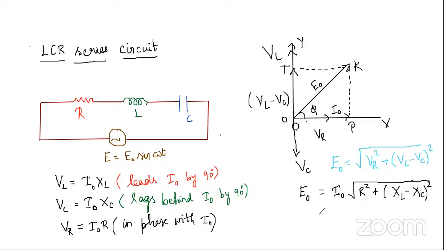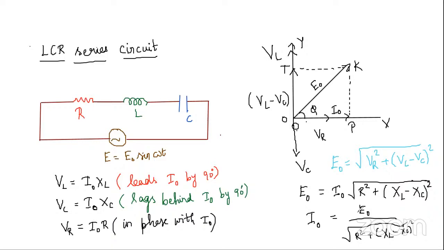So if you want to find out I naught, you have to rearrange the equation. I naught is equal to E naught divided by square root of R square plus XL minus XC the whole square. So these are the expressions or equations for E naught and I naught.